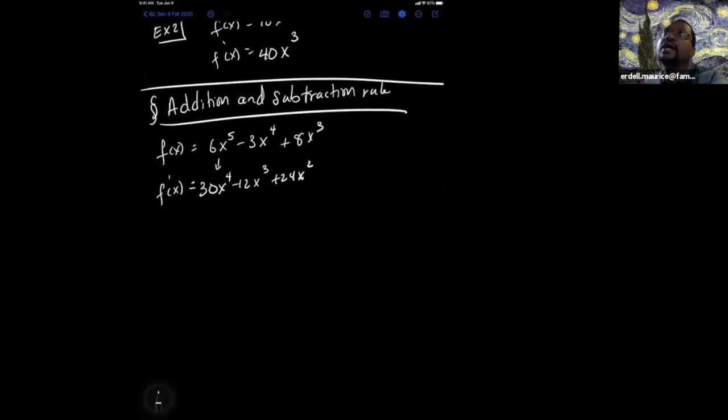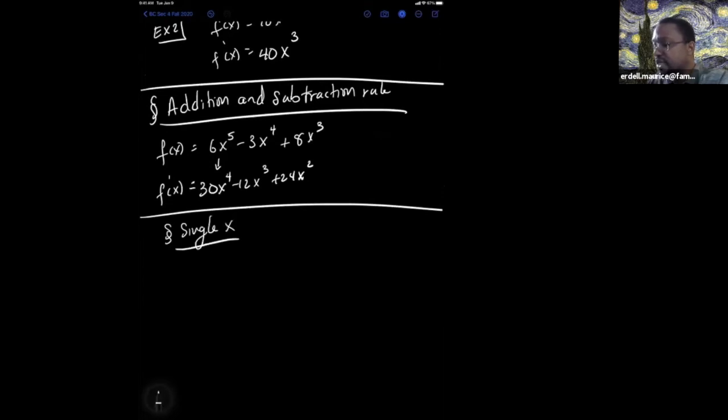All right, so there are 2 special rules. One for a single x. Let's say I have f of x is equal to 3x, and I want to take the derivative of this function right here. Well, this really is f of x is equal to 3x to the 1st power, correct?